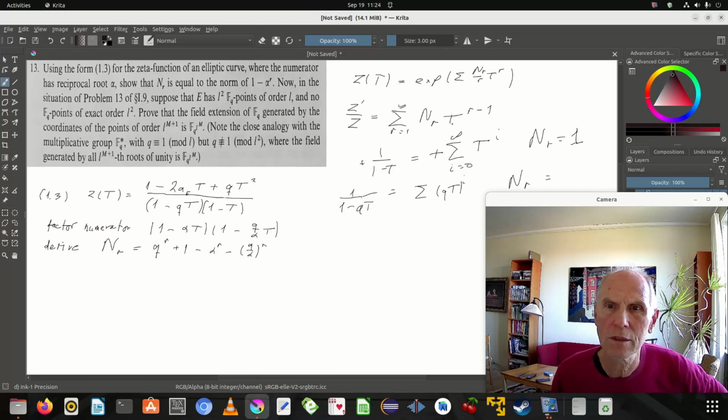This is what we get. So we get n1 plus n2, and here we always get, when expanding these guys, we always get unity first, not n1.